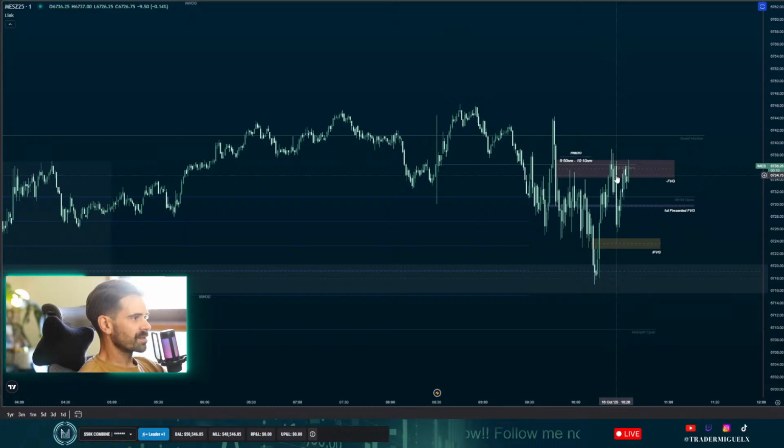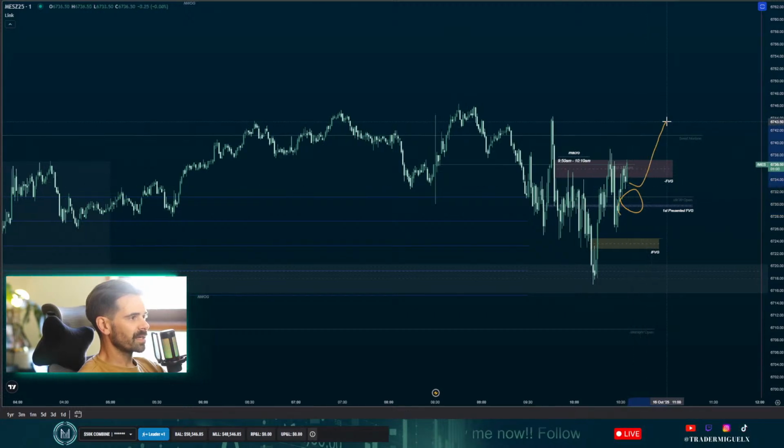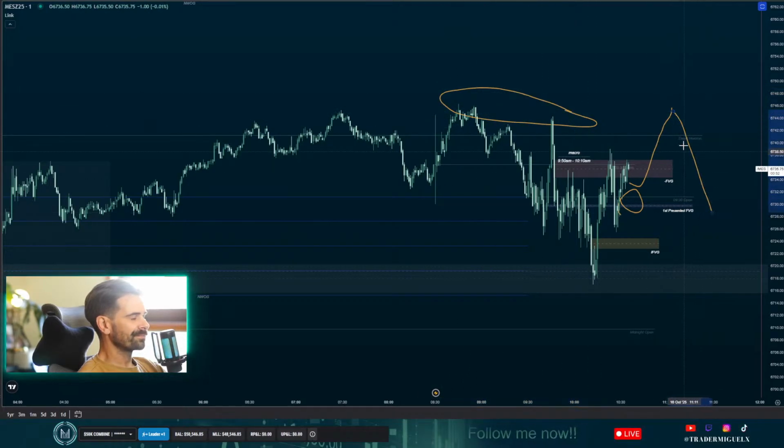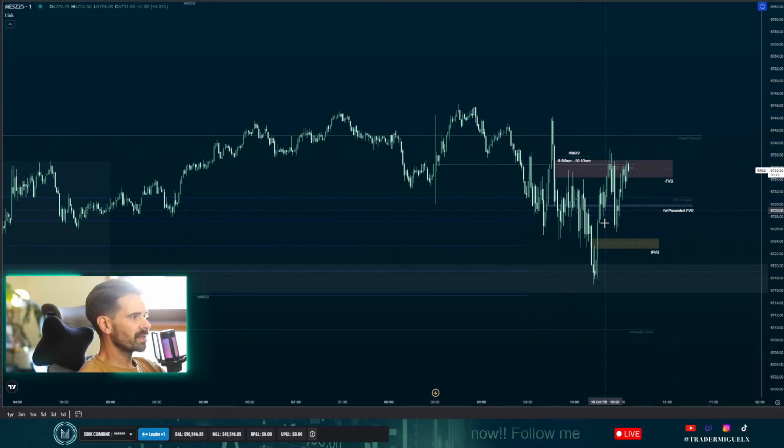And the longs, I'm curious to see if those who are trying to long this, the first presented fair value gap, might get away with profits around these highs. But as soon as we hit these highs, we will probably face another wave down, because the way the market is behaving, it's giving me that sort of vibes.